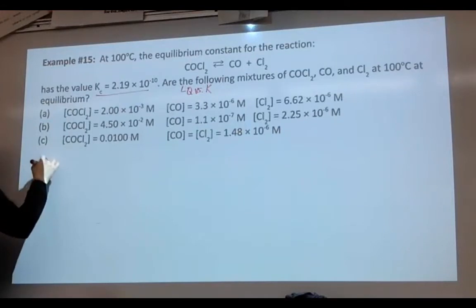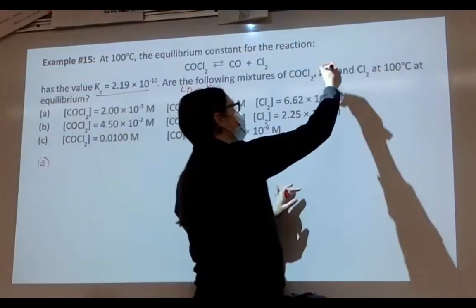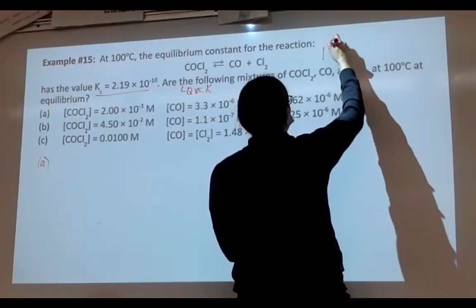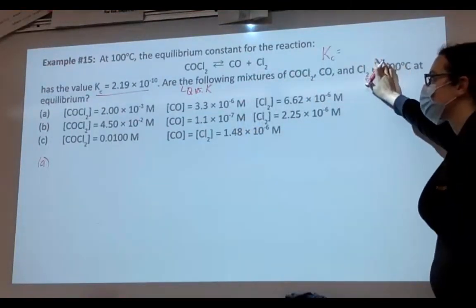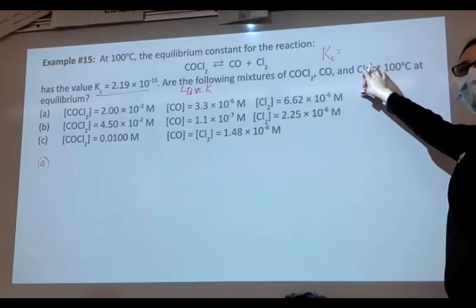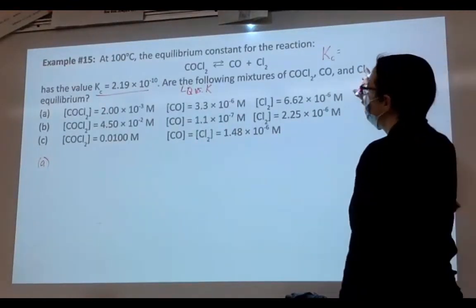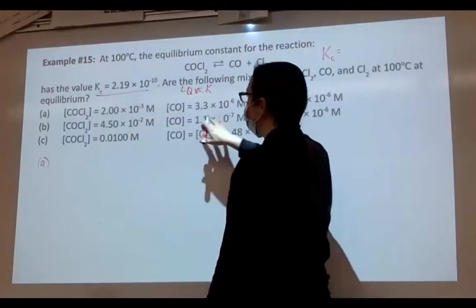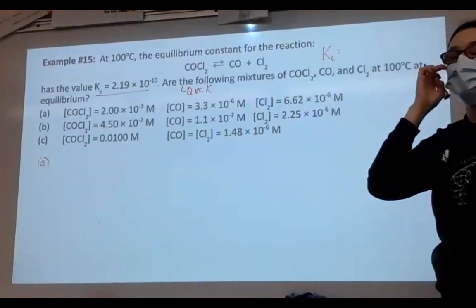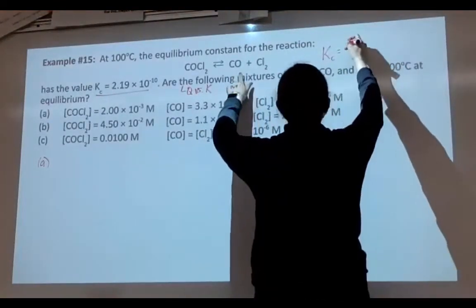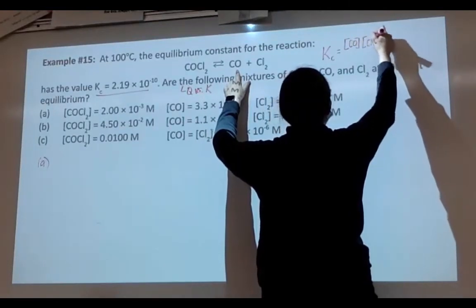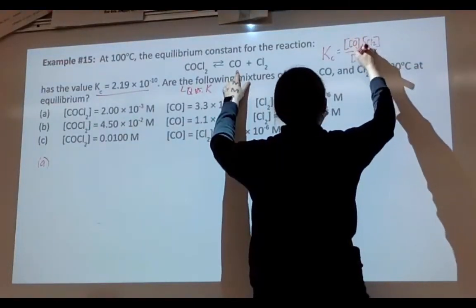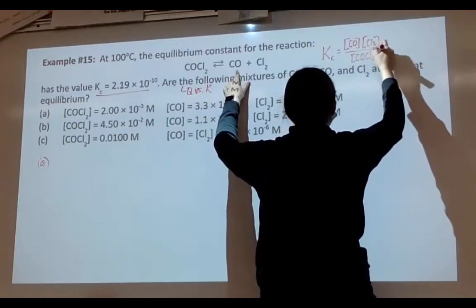Before I do anything, I'm going to write the Kc expression up here. Products over reactants. Because they tell us that we have concentrations, we're assuming these are aqueous solutions. Concentration of CO times concentration of Cl2 over concentration of COCl2.